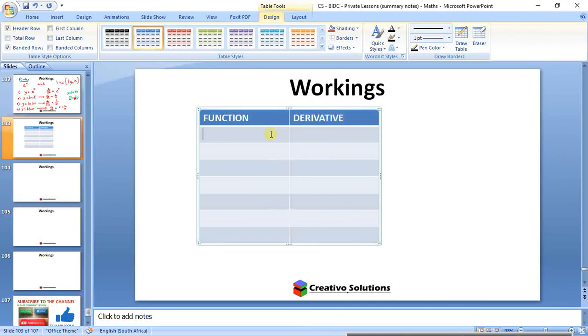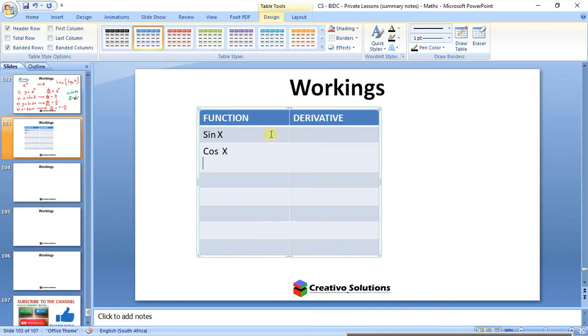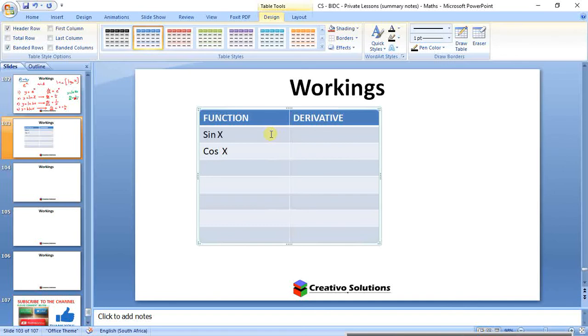If I'm given a function sine x, cos x, tan x, sec x, cot x, and cosec x.